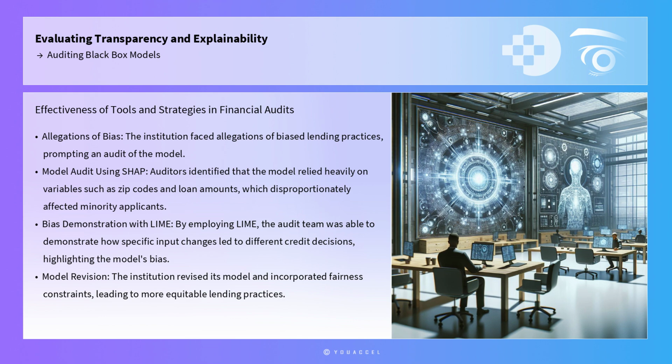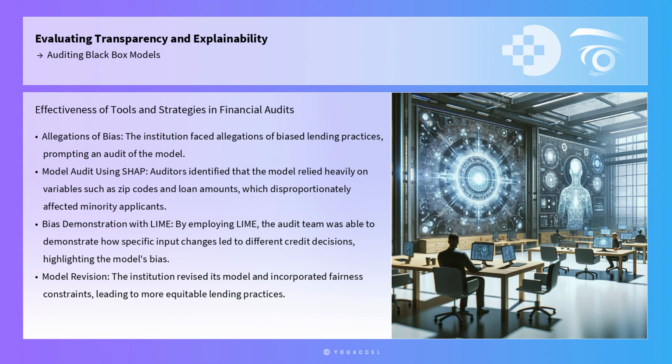To illustrate the effectiveness of these tools and strategies, consider the case study of a financial institution using a black box model to assess creditworthiness. The institution faced allegations of biased lending practices, prompting an audit of the model. Using SHAP, auditors identified that the model relied heavily on variables such as zip codes and loan amounts, which disproportionately affected minority applicants.